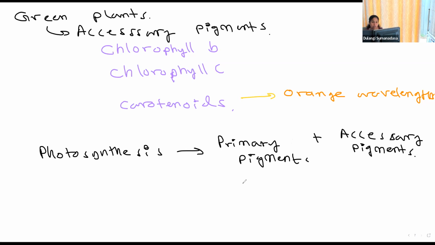There are questions coming asking like this, so try to understand what I'm saying. Not only the main primary pigment contributes to the final photosynthesis, the glucose production. Write down: photosynthesis means you're measuring by the amount of glucose. So it's not just the primary pigment; you have to consider the contribution coming from the accessory pigments.